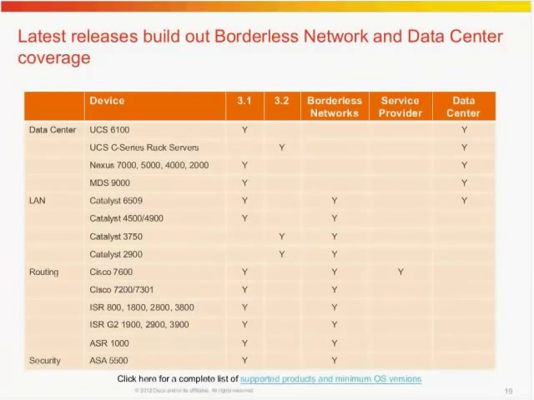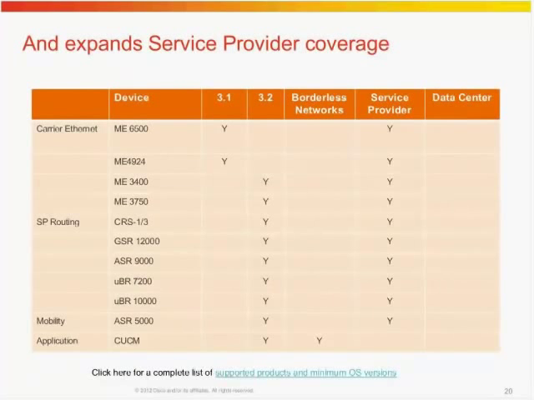And if we look at the devices added in just the last 2 releases, we see that Smart Call Home is available on a wide range of Cisco solutions, including Data Center, here the Fabric Interconnects, the Nexus series and the MDS, borderless networks, including the Catalyst and ISR and ASR, security, the ASA, service provider with both carrier Ethernet and service provider routing, and collaboration with support in our Unified Call Manager.